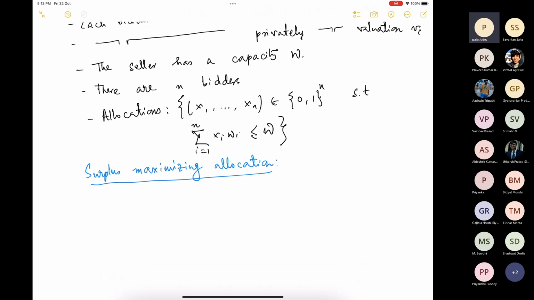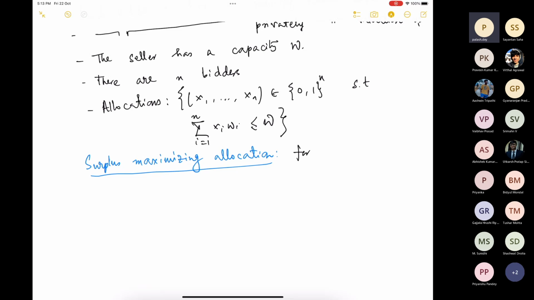So what is surplus? For a bid profile, say B1 to Bn, the allocation x1 to xn, which is a function of B1 to Bn.